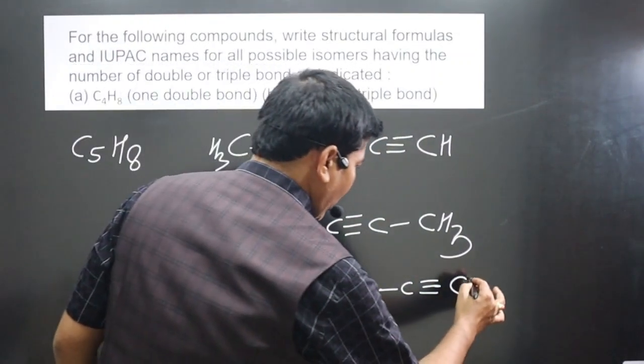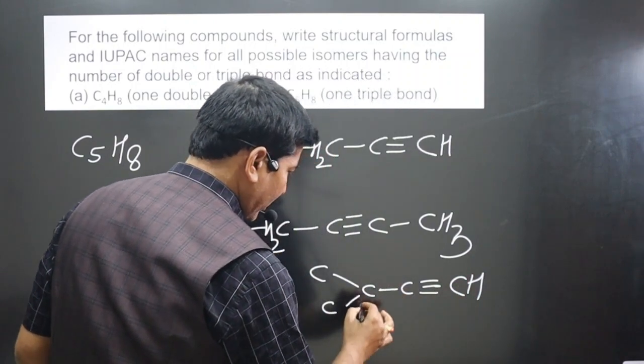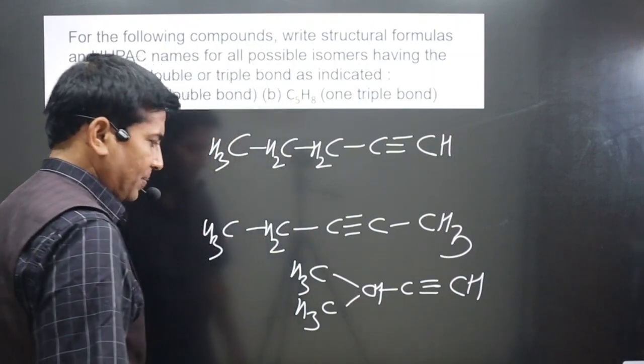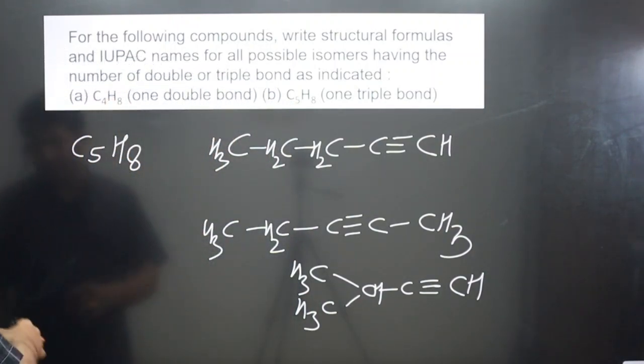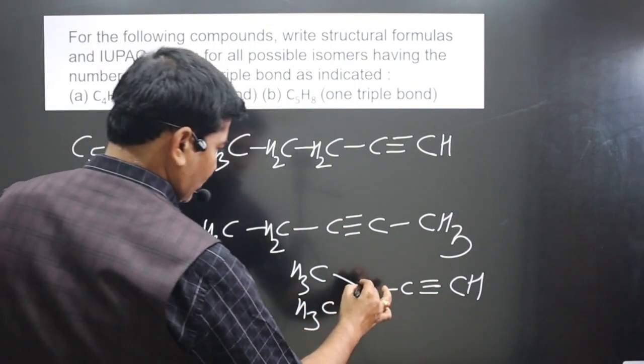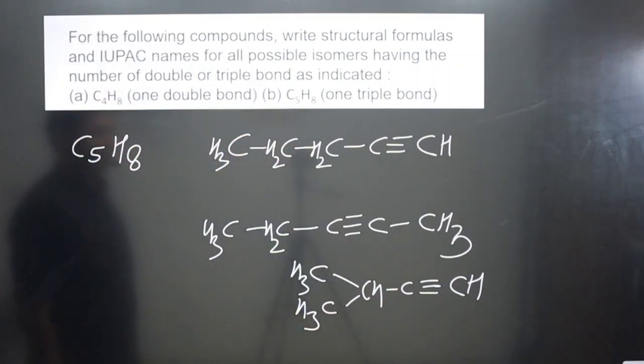Valency satisfied: it has 1 hydrogen, 3 hydrogen, and also 3 hydrogen. Clearly I can write CH there.